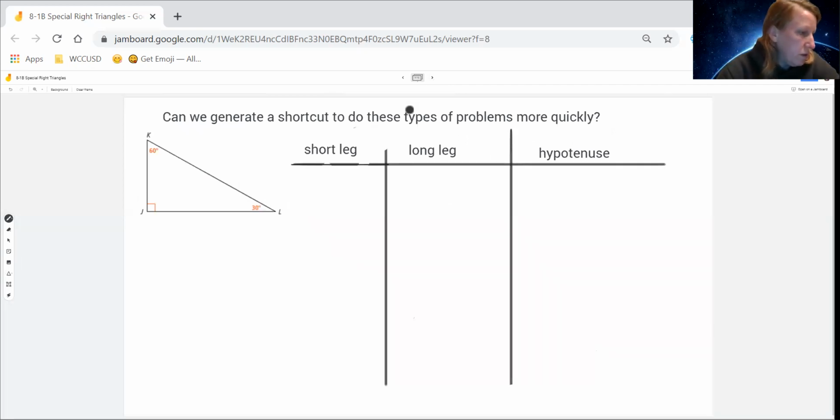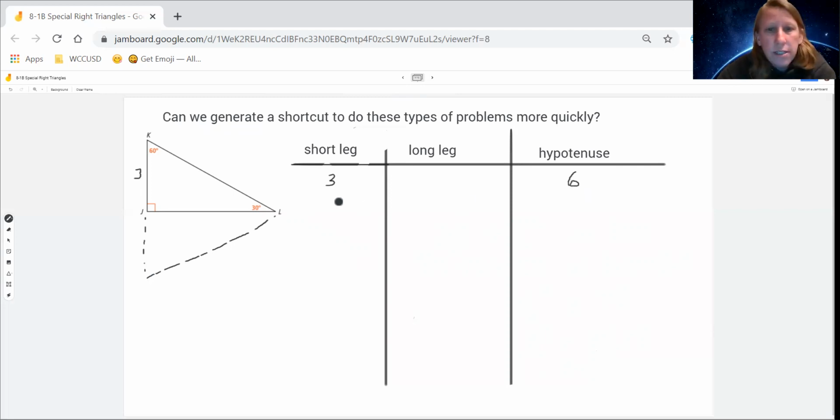So for this one, let's start with 3. Let's say the short leg is 3. How long is the hypotenuse? Remember, the rest of the triangle is here. So if this is 3, this is 3, and this is 6. Good job.